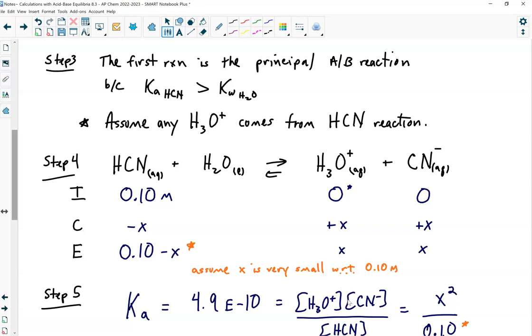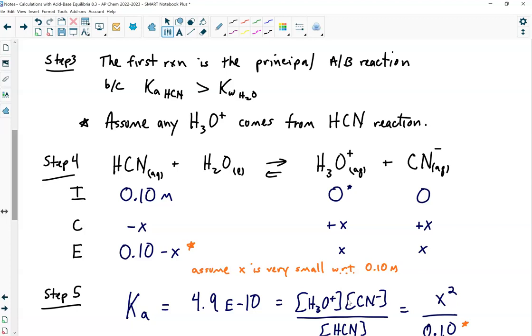It's 1 times 10 to the negative 7, and the concentration of HCN is 0.10 molar. Remember, this is very small relative to the number of sig figs of that concentration. So it's negligible, so we're calling it 0.